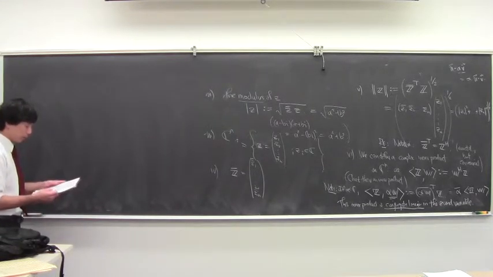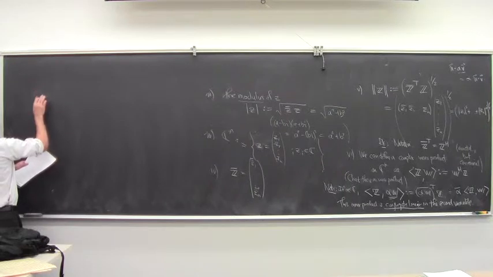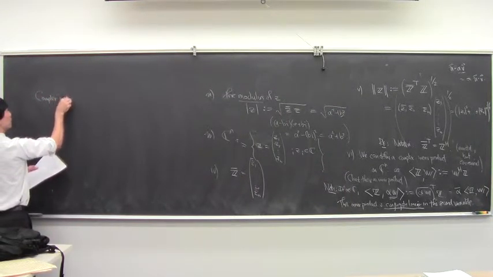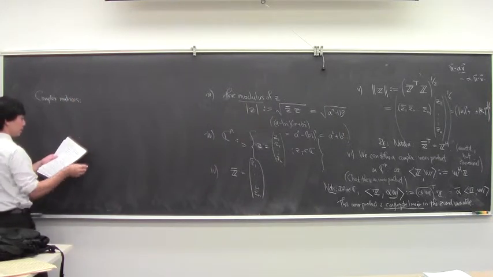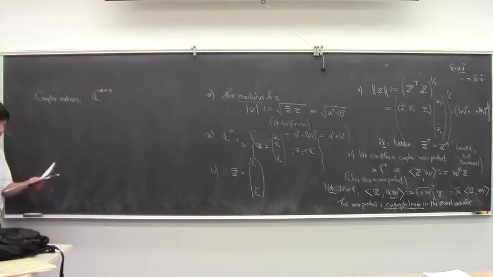Okay. Complex matrices. So you're going to have n by n matrices that consist of complex numbers.